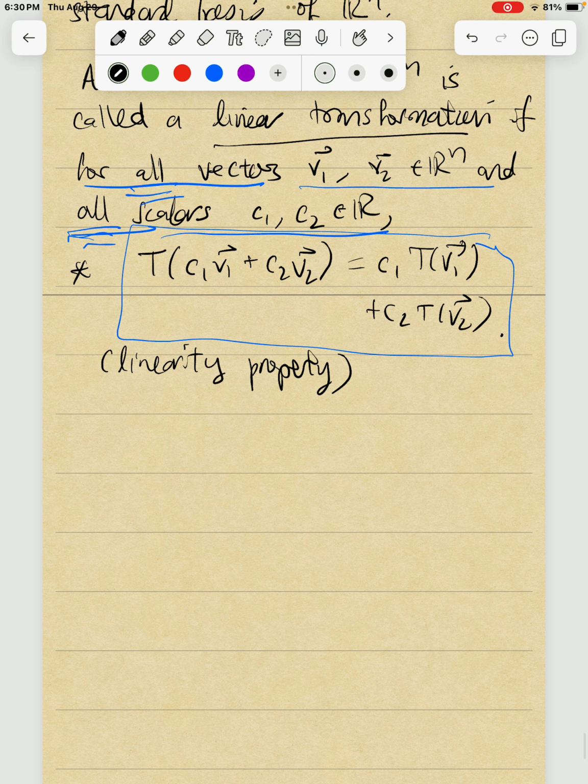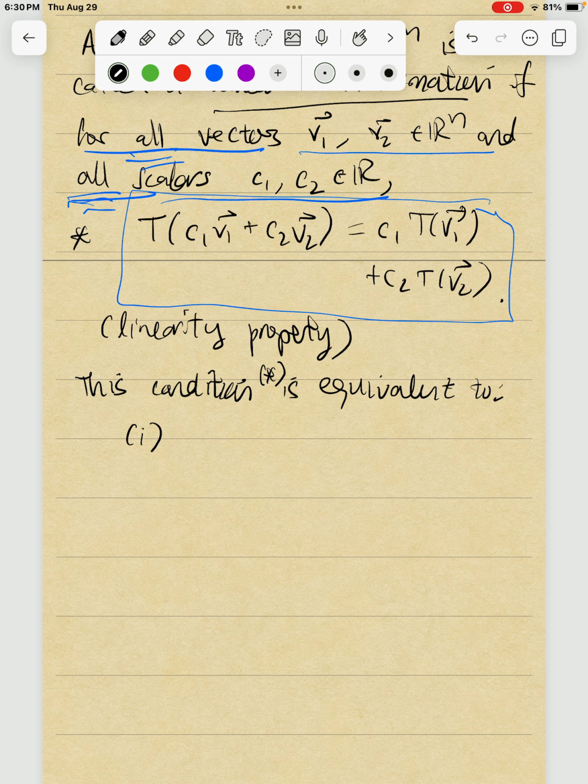Oh, and by the way, this condition star is equivalent to, sometimes it's broken up into two conditions.